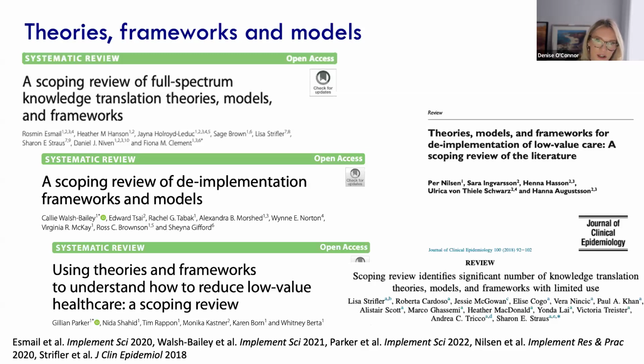So first I want to touch on models, which are useful for guiding the overall process of research translation. And then I'm going to talk a bit more about theories and theoretical frameworks and how they're useful to actually design and evaluate research translation interventions.